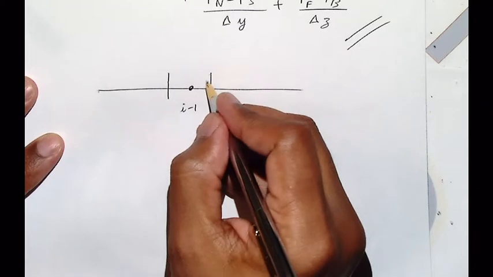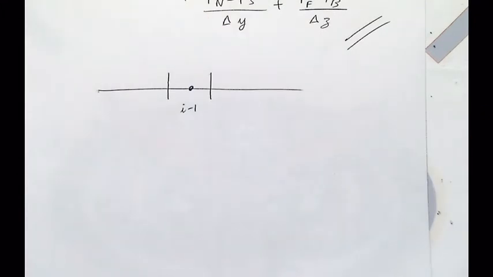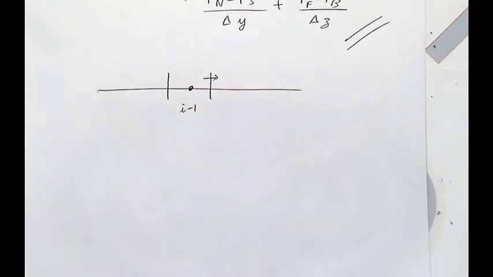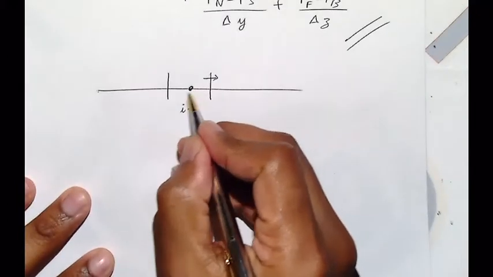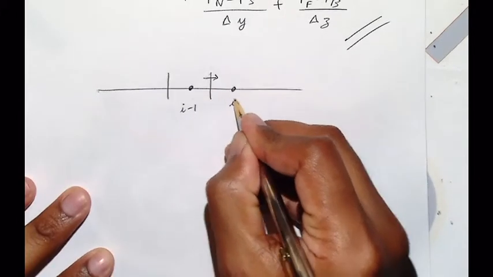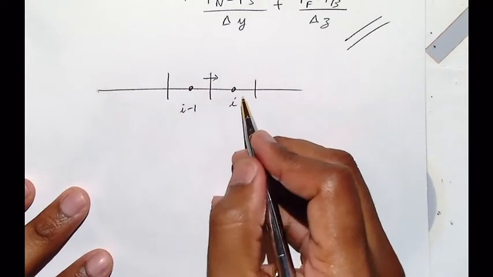So what does flux do? What physical meaning? What is flux? Is the flow rate over an area? Yeah, it's mass flow rate, right? So it's how much mass is flowing this way, if we talk about mass. So flux out of I minus 1 is exactly equal to flux into cell I.